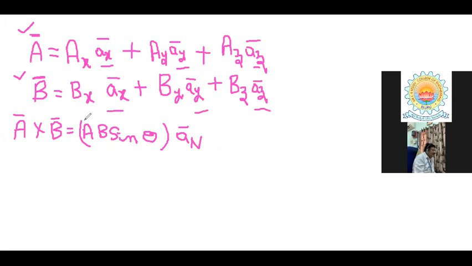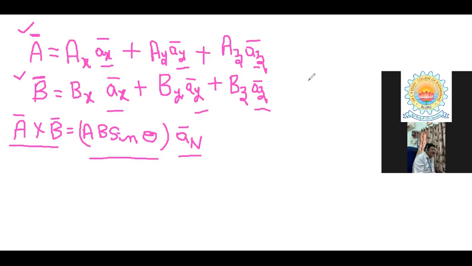So this is the magnitude. This cross product is also called a vector product. The resultant is a vector. You can see that this is a vector having magnitude AB sin theta.